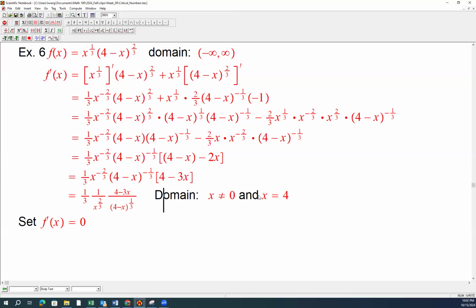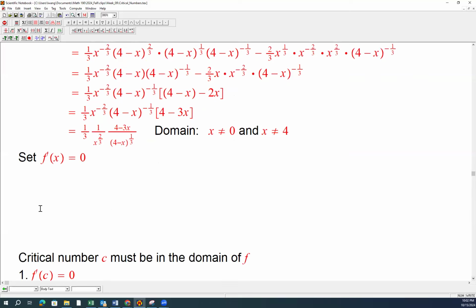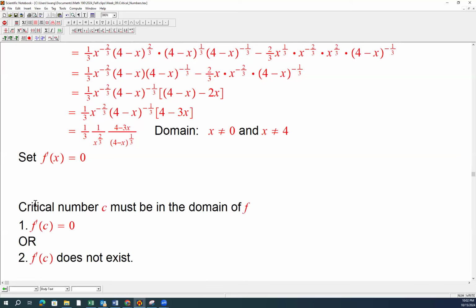We got two more critical numbers. Compared to the domain of the original function, we got 2 critical numbers according to the critical number definition. At these 2 points, at 0 and 4, the derivative is not defined. And we're going to have an additional critical number. If we set it equal to 0, the only way for the derivative to be equal to 0 is 4 minus 3x equals 0.